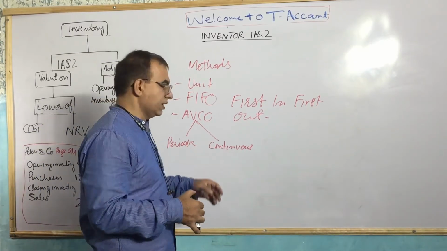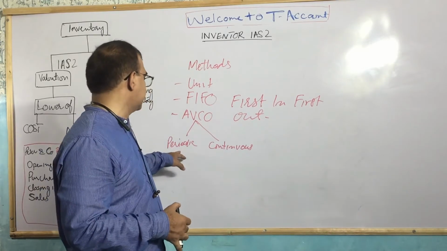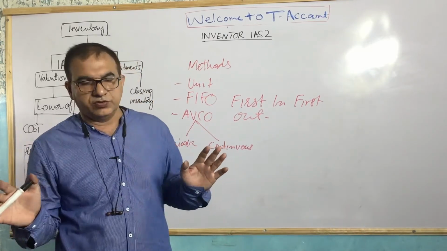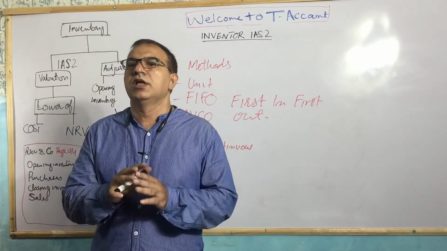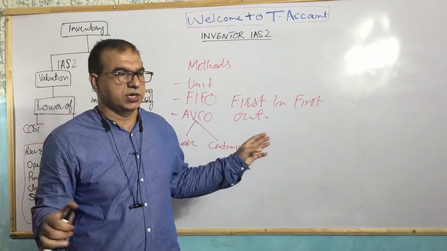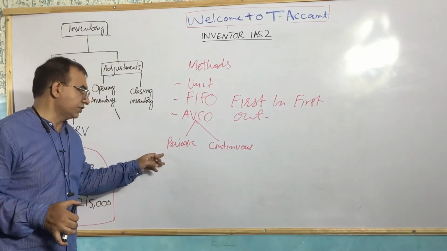Continuous is the same thing but a little bit different. Periodic average is calculated when you have the data for all the purchases during the year and the total quantity.